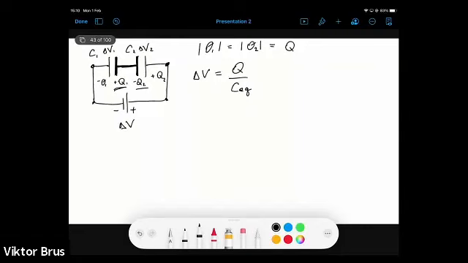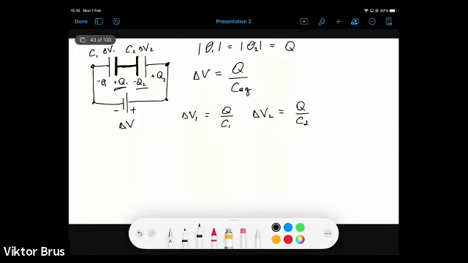The same we can write for separate capacitors, but there we will use respective voltage, like potential difference between plates. For the first capacitor, delta V1 will be equal to Q divided by C1, which is the capacitance of the first capacitor. Also, delta V2 will be equal to Q divided by C2.